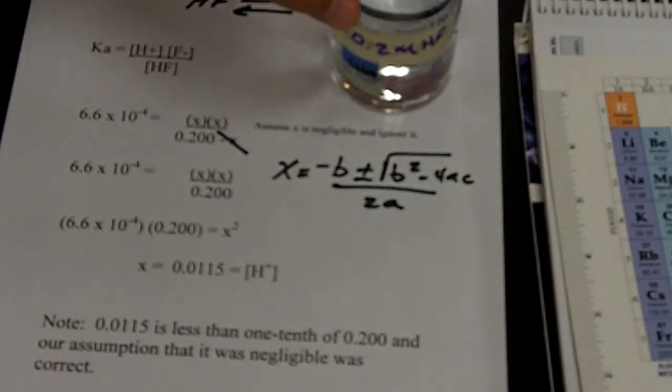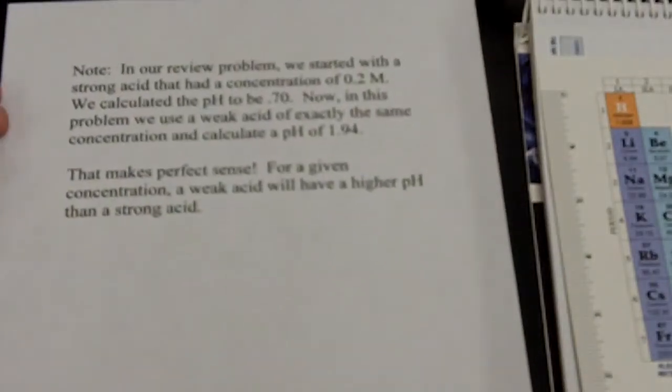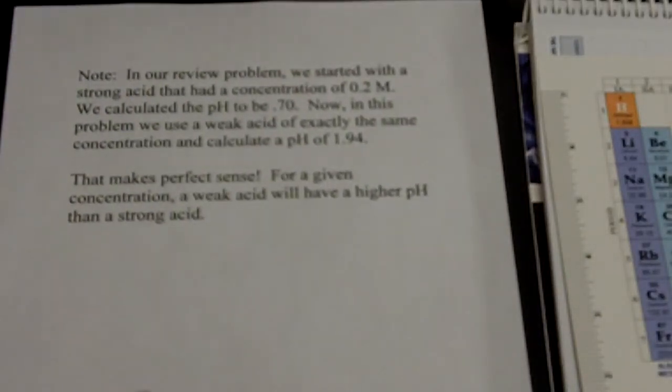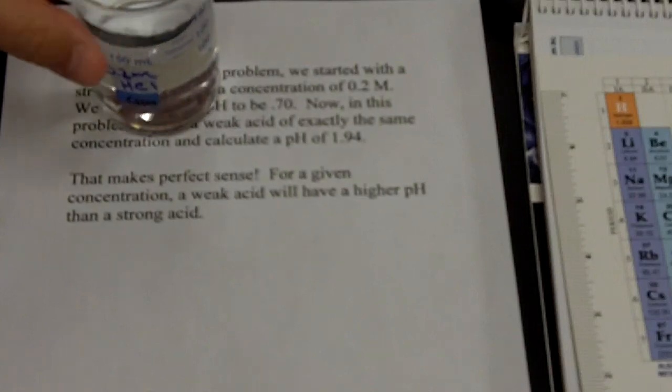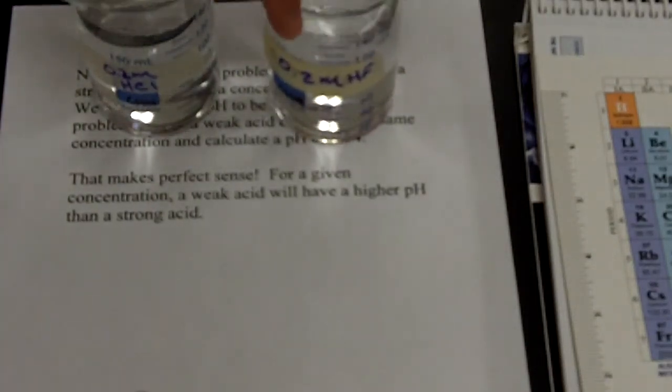Well, let's look at what we've just done in our calculations. We've confirmed our original intuition. Remember that we said in our original intuition that we felt that the hydrochloric acid would have a lower pH since it was a strong acid, and the hydrofluoric acid of the same concentration would have a higher pH since it's not a strong acid.